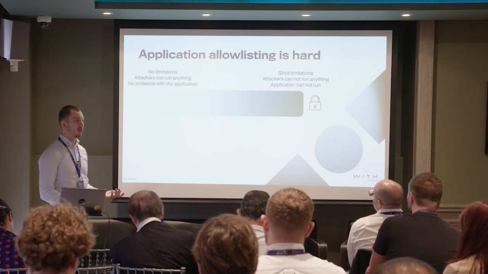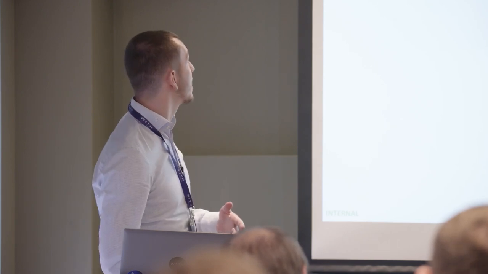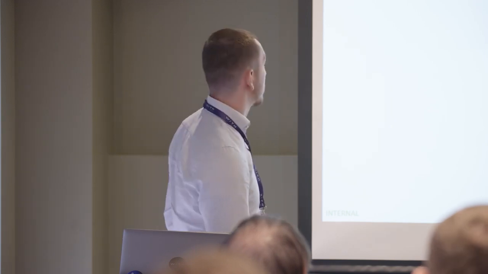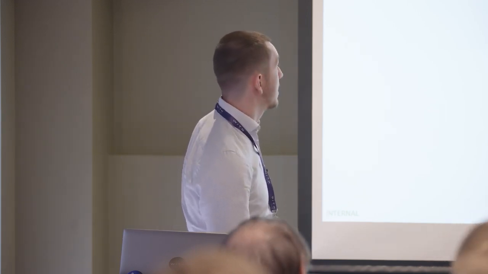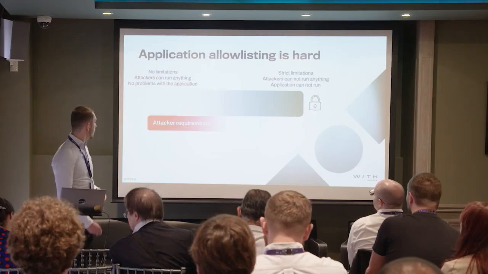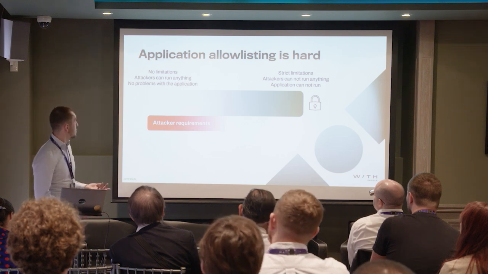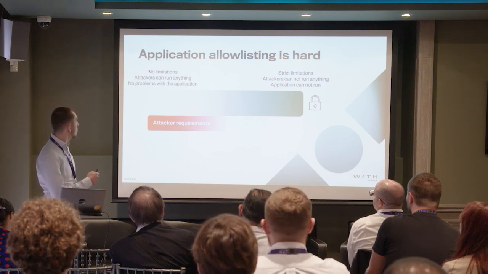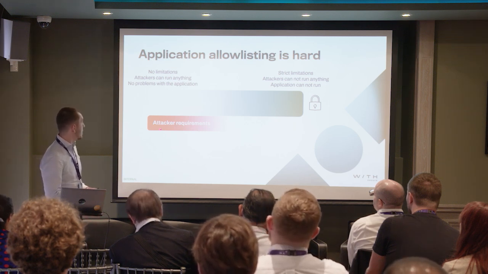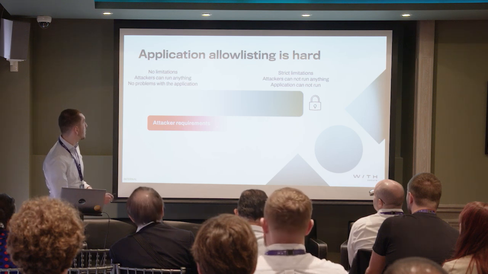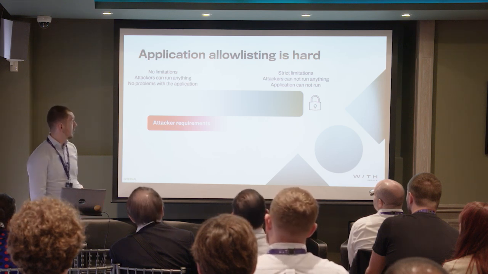So if an attacker got there, they could just run anything from any folder without any concern, and the application could also be running seamlessly, because it could run its updates, drop any exes, and run anything. So this is what attackers could see, right? They would be more efficient with no limitations, and as limitations become stricter, they would also be limited more.